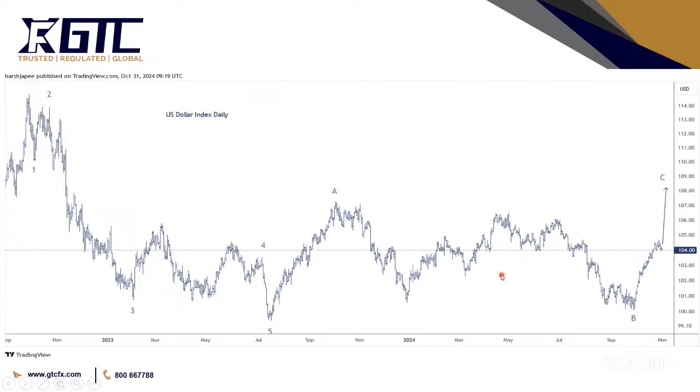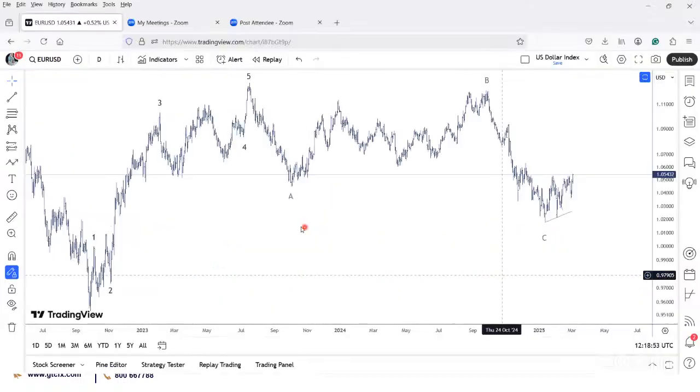And that is the original wave. I'm going to show you on the chart right away.